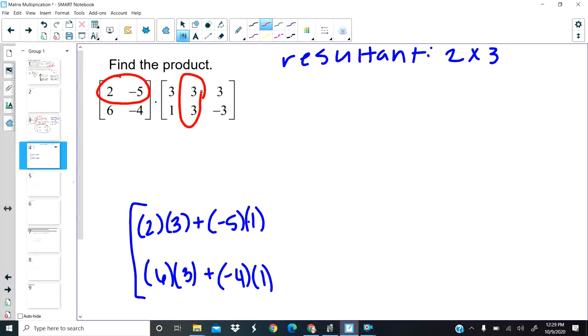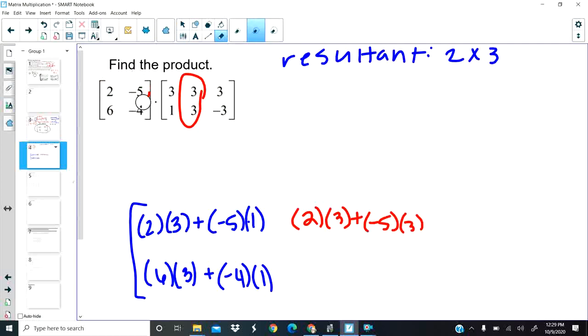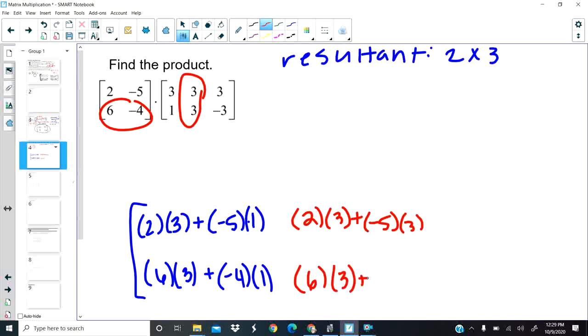So for row 1, column 2 in my resultant matrix, I'm going to have 2 times 3 plus negative 5 times 3. And then I want to stay in column 2, and I want row 2 now. So for that, I'm going to have 6 times 3 plus negative 4 times 3.